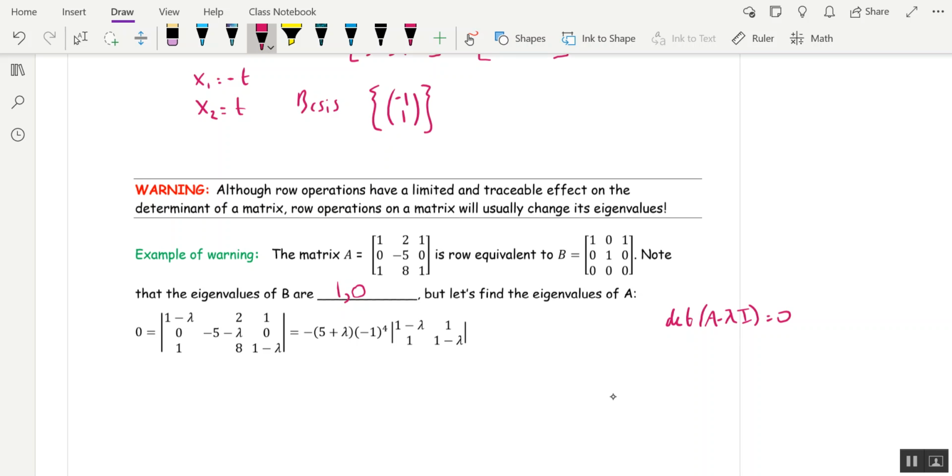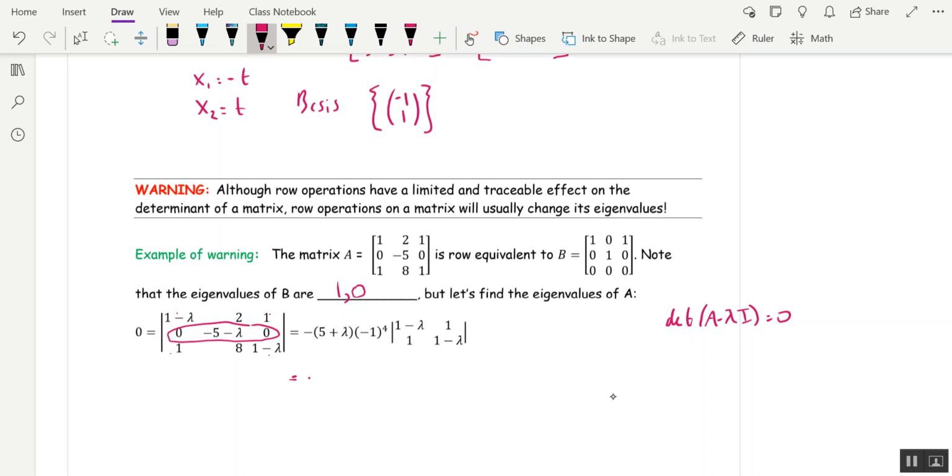I'm going to do cofactor expansion on the middle row because that has two zeros. So the only term I get is the middle term, negative, I pulled the minus out, negative 5 plus lambda, and then negative 1 to the 2 plus 2, which is 4. And then my subdeterminant is these four outside guys. Okay, so what does that give me?